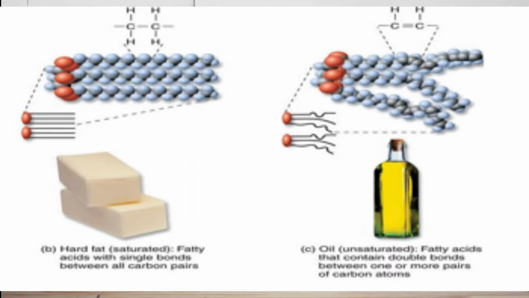But if the fatty acid that reacts with the glycerol has no double bond at the hydrocarbon chain, it will form a triglyceride which is in a solid form at room temperature. So we call it fat, or we call it saturated fat. For the summary of saturated fat and unsaturated fat, you can look at this table.